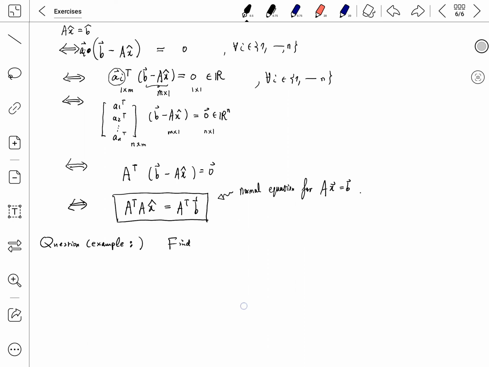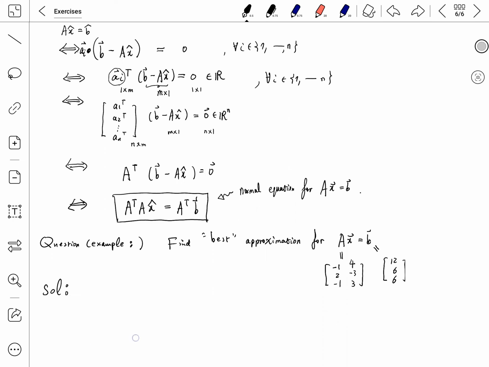Find the best solution, or say best approximation, for Ax equals b, where A, let's say very precisely, has entries -1, 2, -1, 4, -3, and 3. This b equals 12, 6, 6.